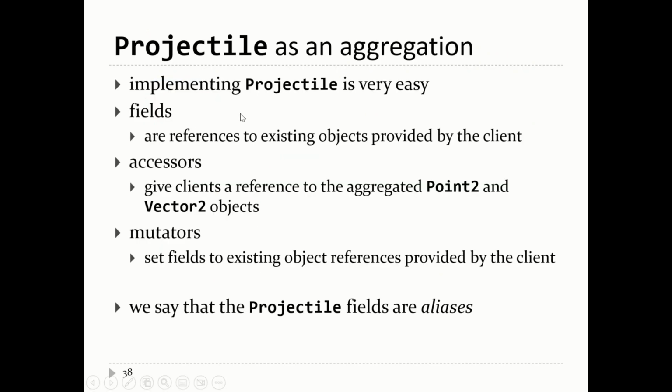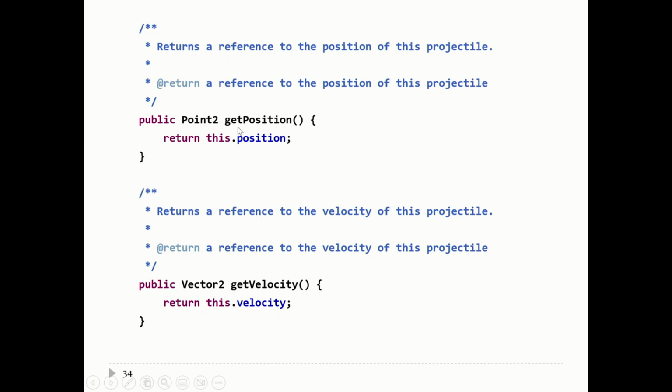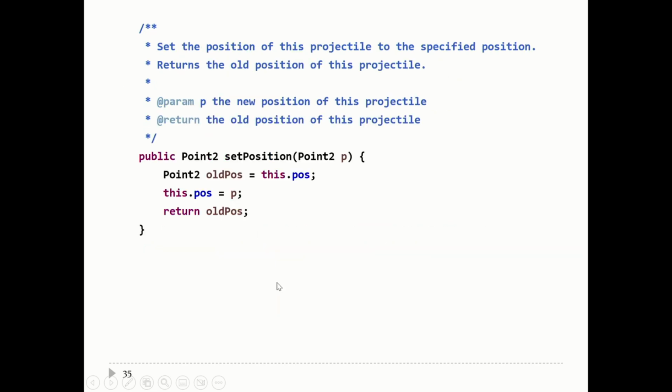So implementing projectile is pretty straightforward. The fact that the position and the velocity of the ball are objects doesn't really matter when you look at the code. For get position, we just return a field. Get velocity, you just return a field. Set position, you just set a field, and set velocity, you just set a field.